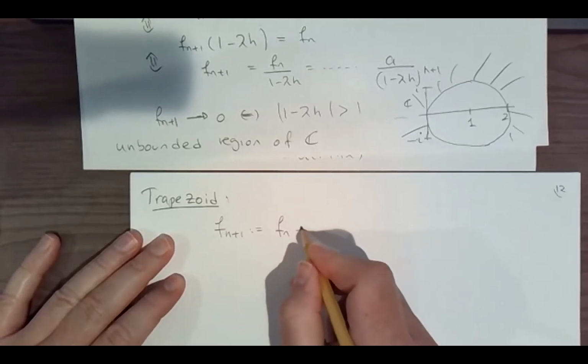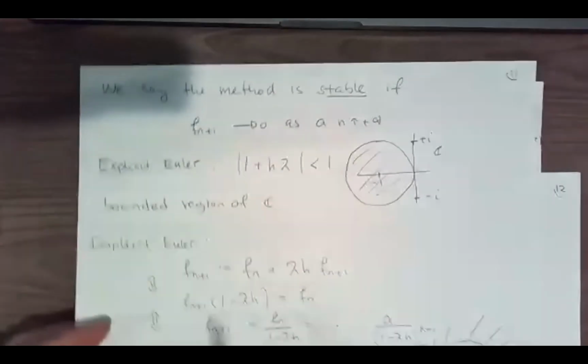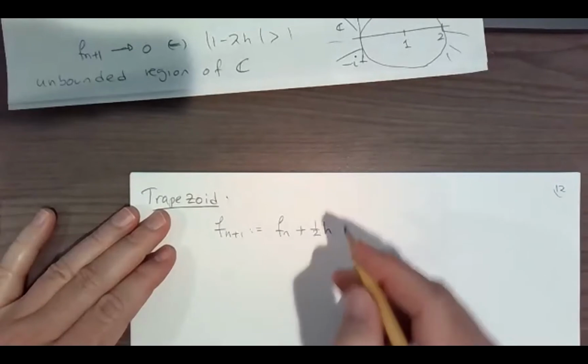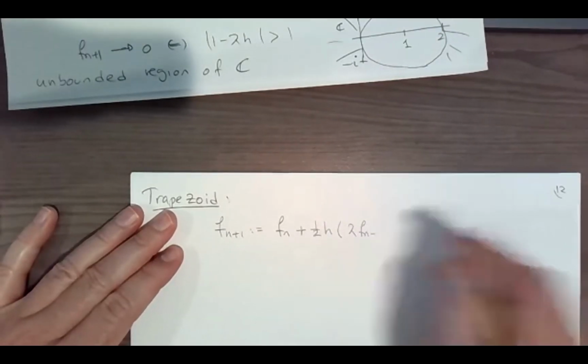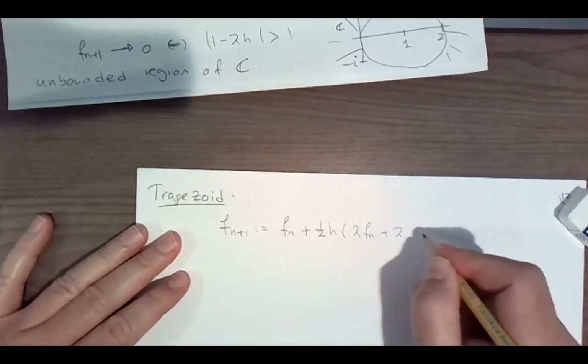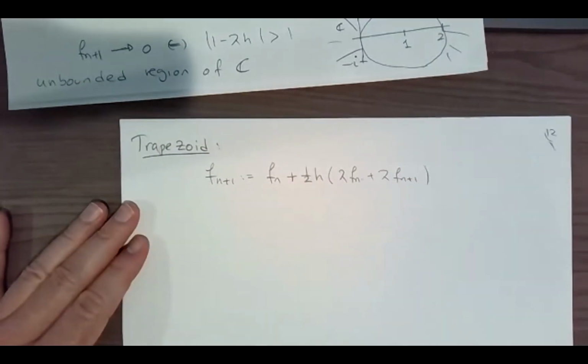This is fn plus, and then you have this mixture of the implicit and explicit. So on the right hand side, you get 1/2 of each. So this is 1/2 lambda fn plus lambda fn plus 1. So again, you have to solve.